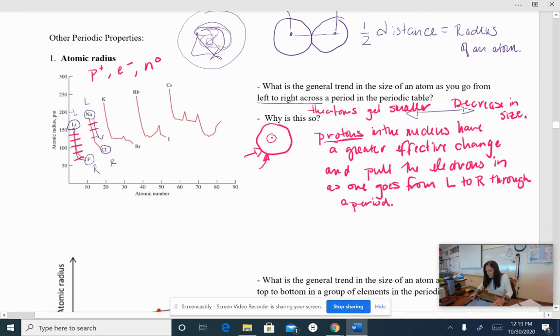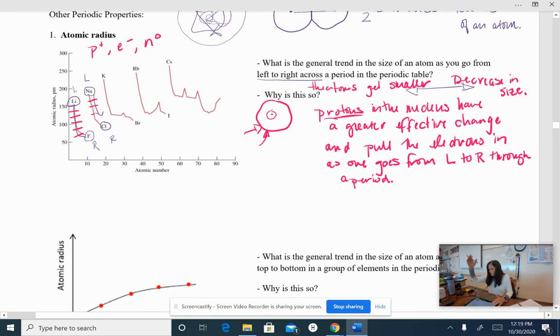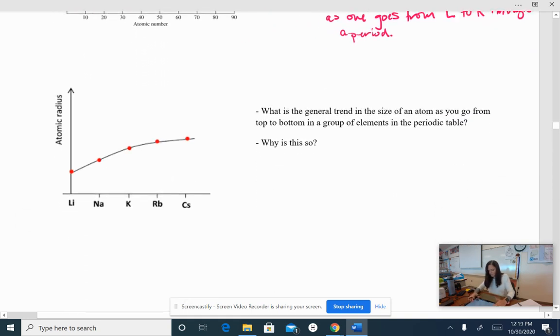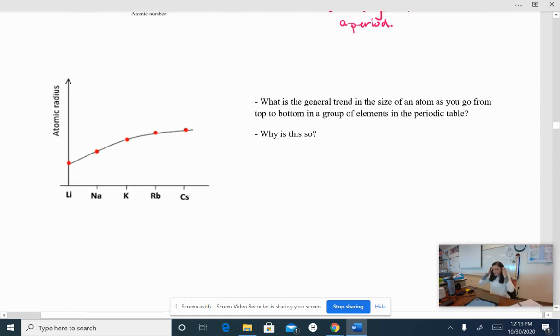Okay, let's look at the trend as we go from top to bottom on a periodic table. We're going to look once again at the alkali metals group, starting with lithium and going through cesium. Notice, lithium is the top of the periodic table and this is the bottom. What happens to our size as we go from the top to the bottom?